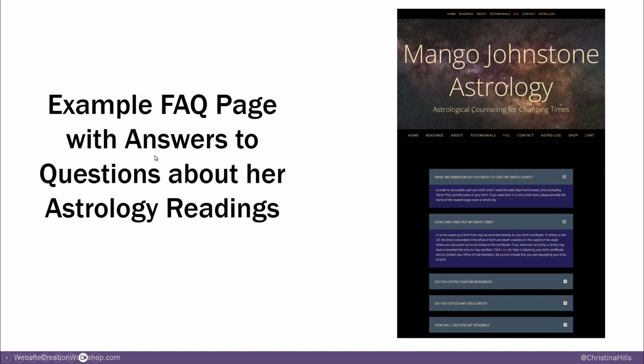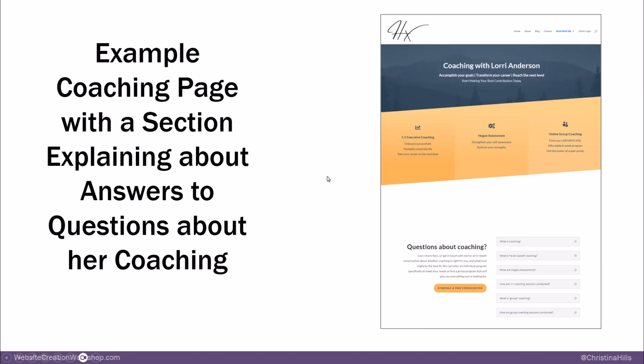And so she answers questions about how her astrology readings work. And on her FAQ page, if you can see my cursor, there are these little tabs, and when you click, they open up. This is called an accordion, by the way. So these tabs open up. She's totally non-techie, and she built this great site herself.